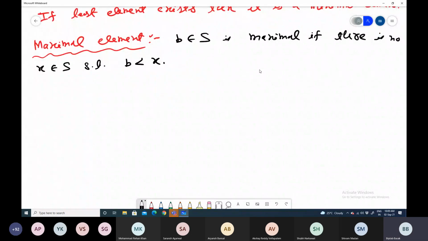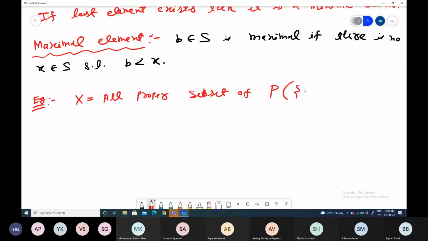Okay, now we can see another example. Say my X is all the proper subsets of the power set of {1, 2, 3}.